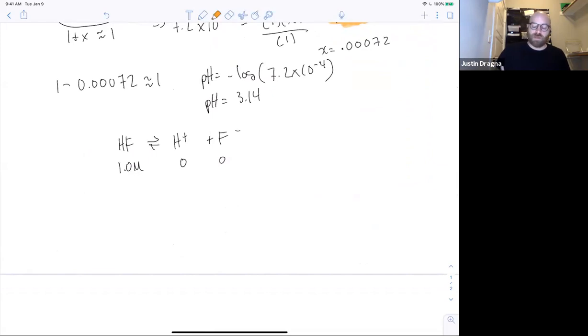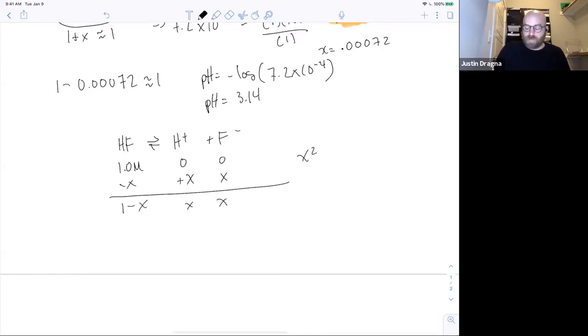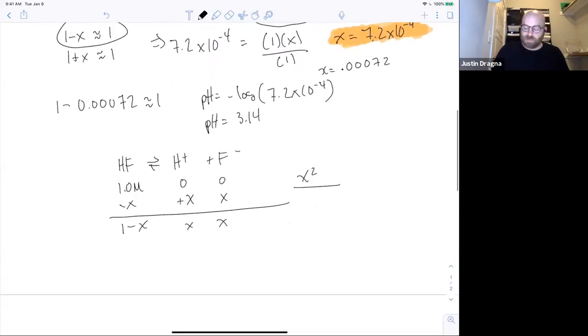Okay, so if we work another problem, where we don't put any sodium fluoride in initially, we would work it out the same way. Naturally, the mass action expression is the same. Everything that we did at the top is the same. So we'd end up with an expression of x squared over 1 minus x equals 7.2 times 10 to the minus 4th.